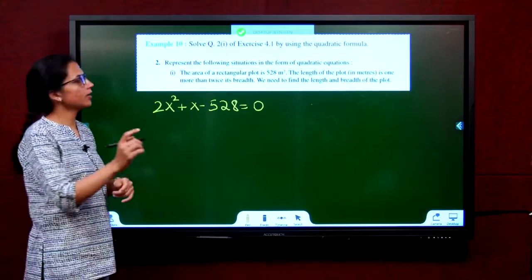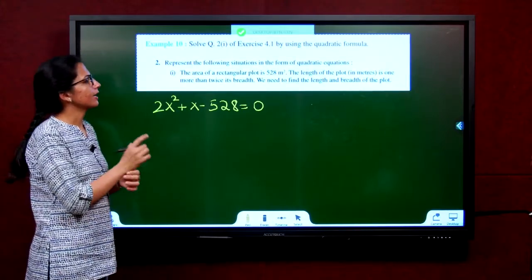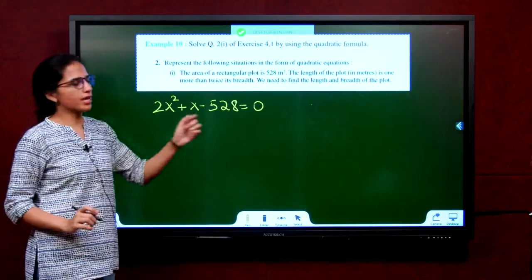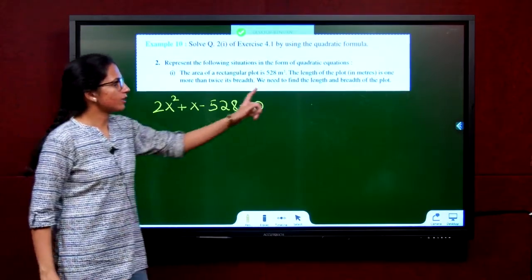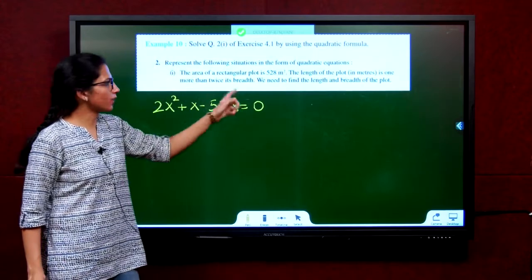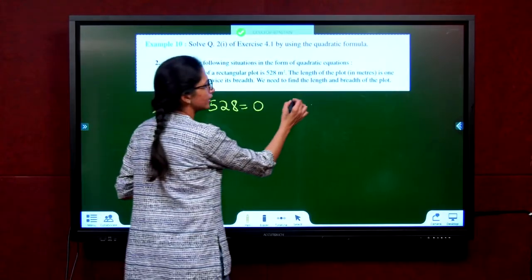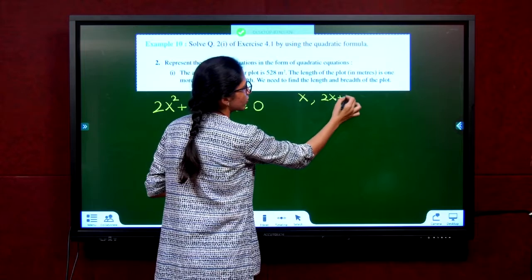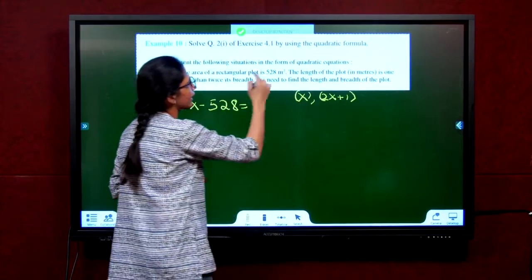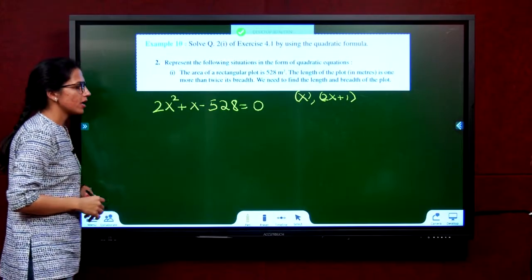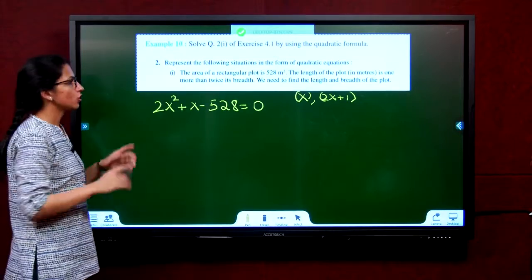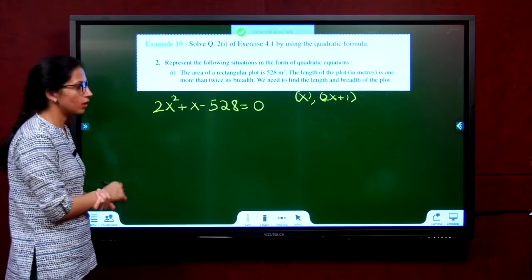If you do not remember, please rewind back and check your notes or the previous videos to understand how we have got this equation. The length of the plot is 1 more than twice its breadth. If you remember, we had taken the breadth as x and the length as 2x plus 1, multiplied it and got the area. So now we have to solve this to find the length and breadth using quadratic formula only.